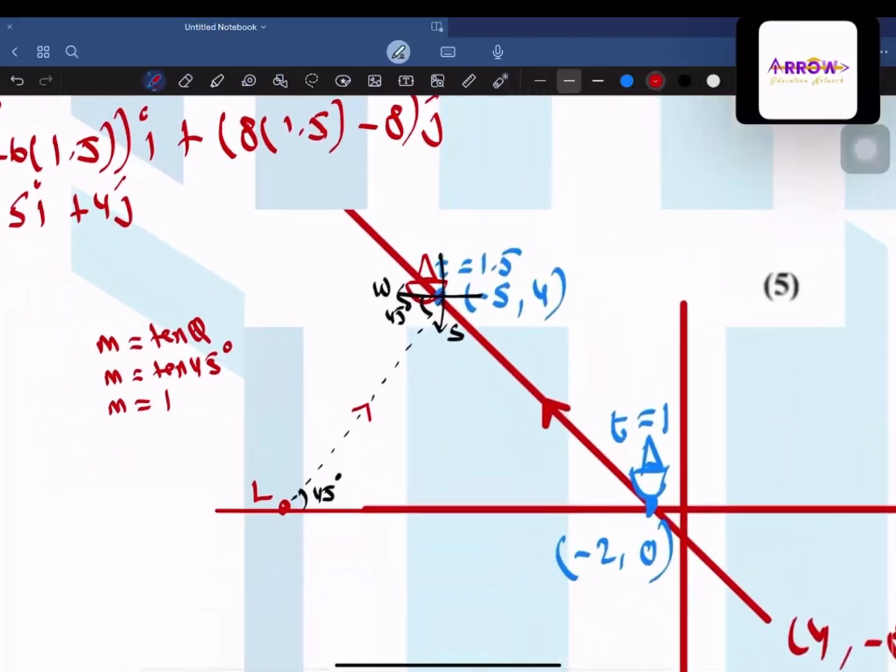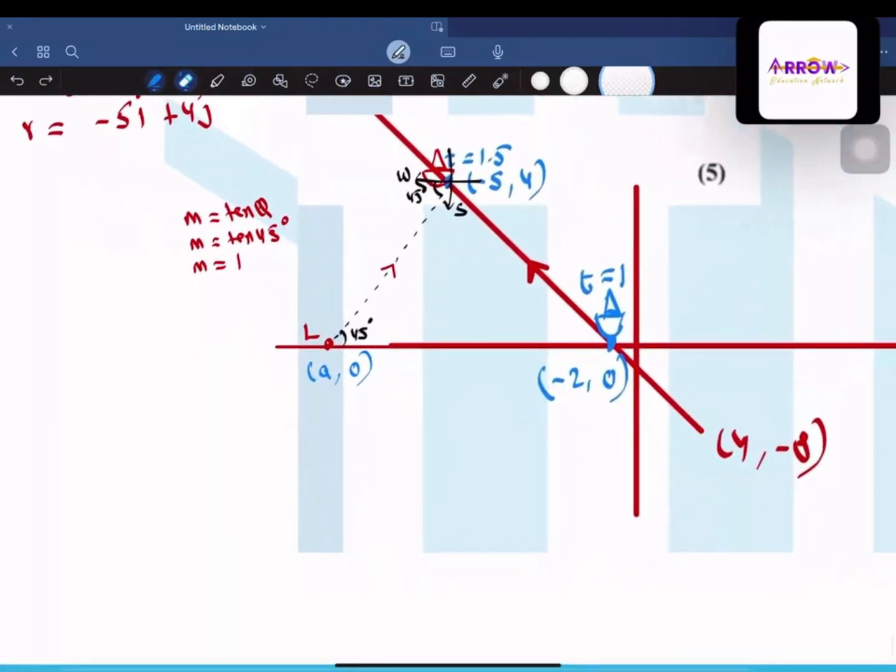So let's say the position vector of the lighthouse, point L, is a comma 0, where a is unknown right now. The approach is quite simple in this question because we know the coordinates. So I can just say that the gradient of this upward sloping line is 1.